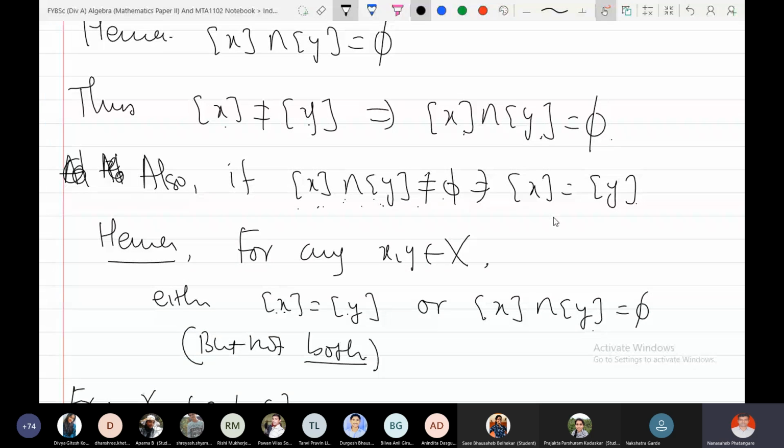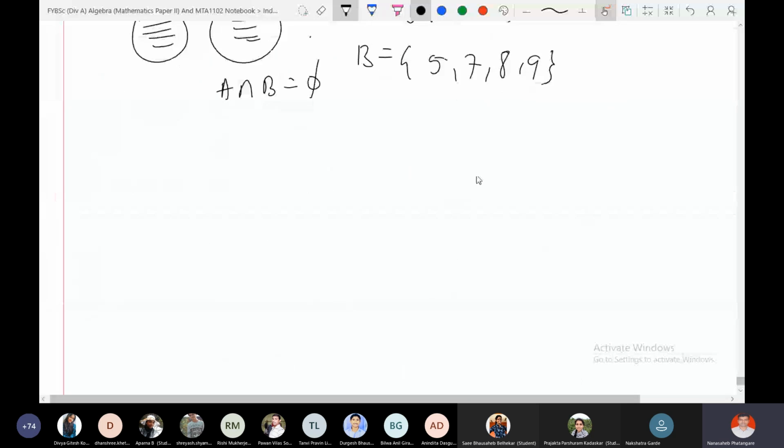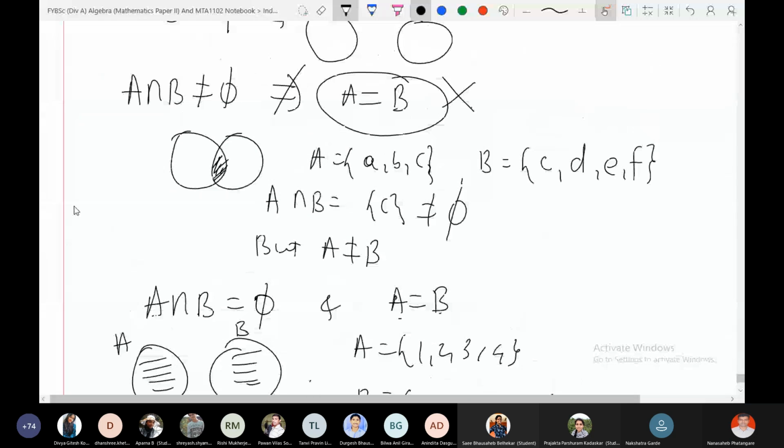Do you understand the difference between general sets and classes? Classes are also sets. That is the speciality of equivalence relations and equivalence classes. Is there any confusion? Okay, let me write it again.